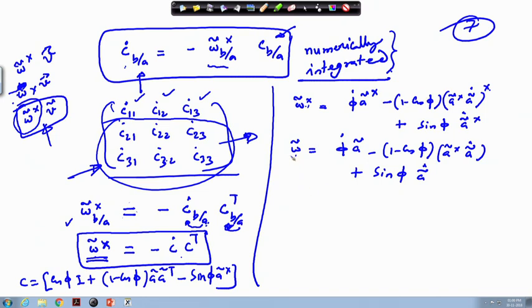And then this can be used to solve for a dot. But for that you need to do certain operations on this vector.